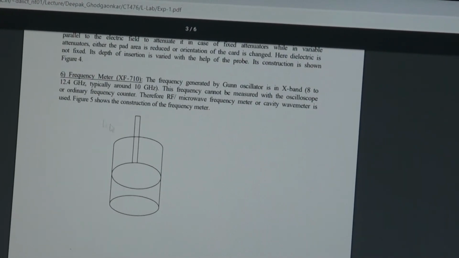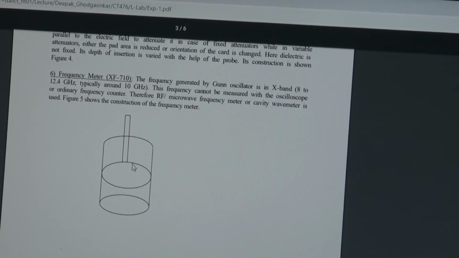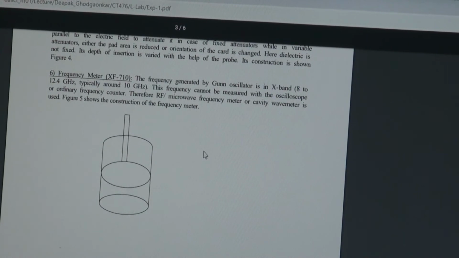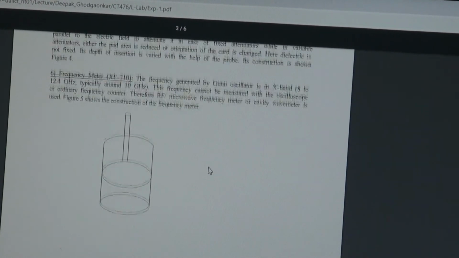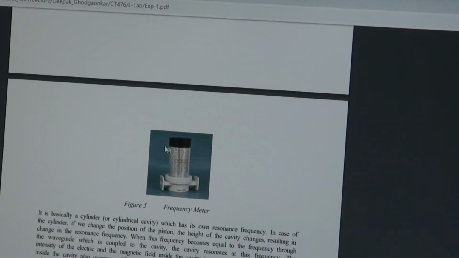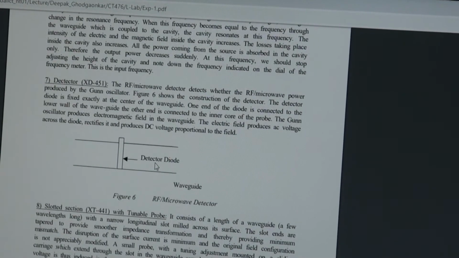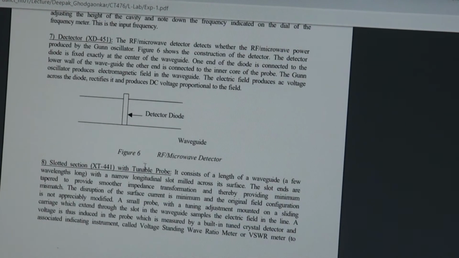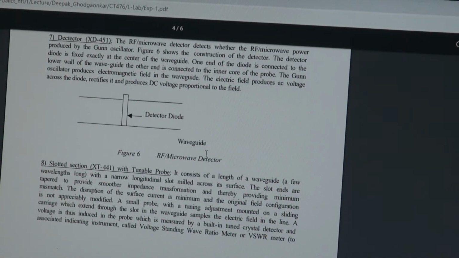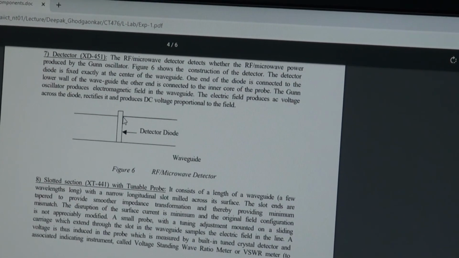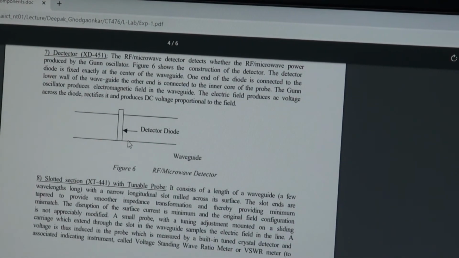And this is the figure of the frequency meter, and the description of the frequency meter is also available. And this is the actual hardware picture of the frequency meter. The seventh is the detector mount, and this is a rectangular waveguide, and between the top and bottom part of the rectangular waveguide a detector diode is available.